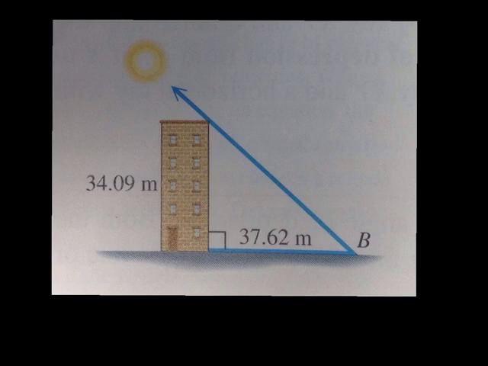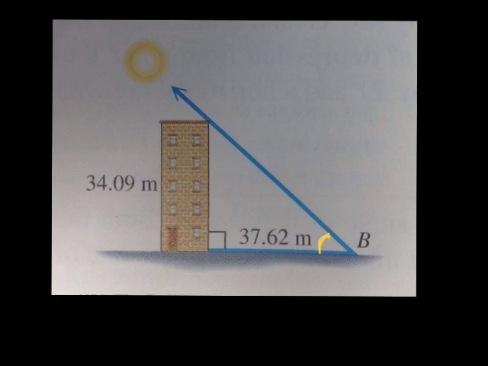So what we're looking at is this angle right there, because that's the angle of elevation. If we were standing up here looking down, we would be looking at an angle of depression. But we're looking up, so we're looking for the angle of elevation. So that's how we know that we're looking for angle B instead of something up here, like this angle right here.